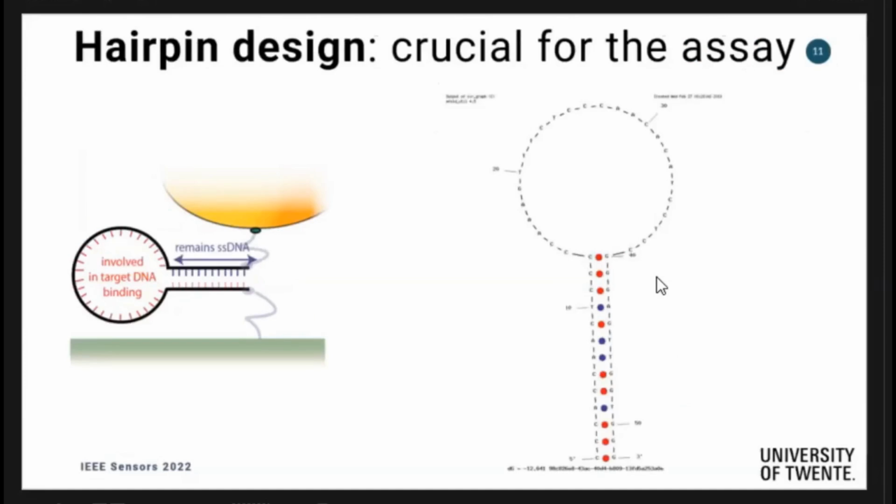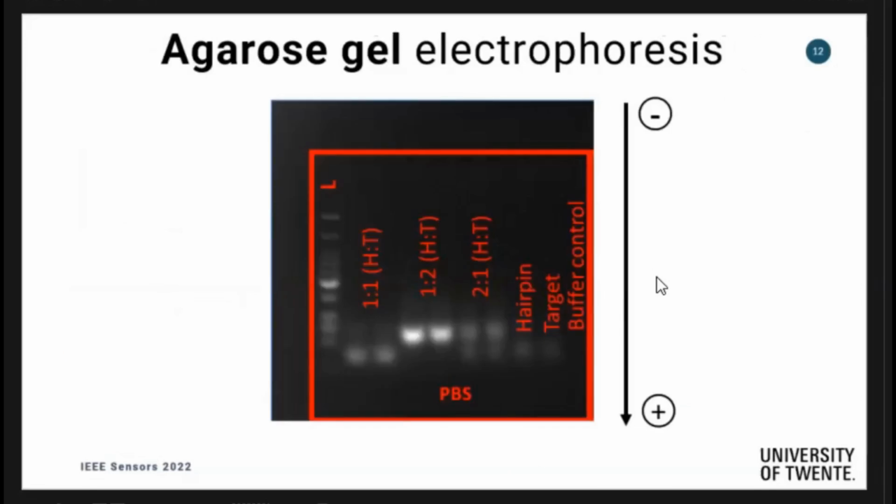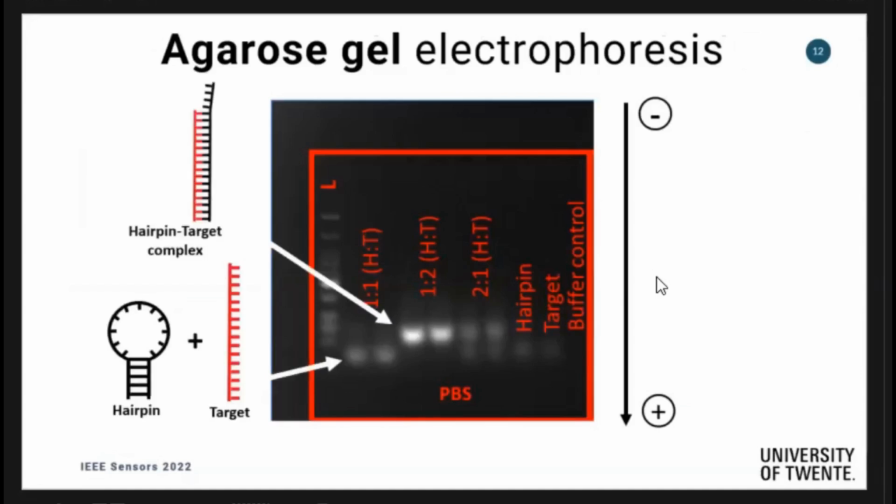But I hope you appreciate that the most important part of the sensor is, of course, the hairpin, because this one determines whether we can see the change in conformation. So therefore, we first start with checking whether we at least can see that the hairpin is open in the presence of targets. And here we perform gel electrophoresis, and for everybody who's not familiar with it, we load DNA here, and we apply a potential, and then all negatively charged DNA will move towards the positive pole.